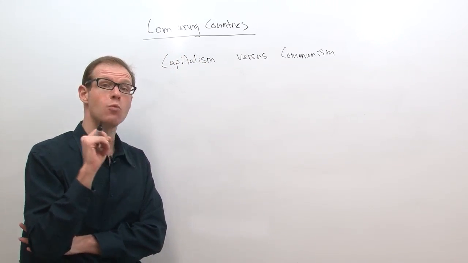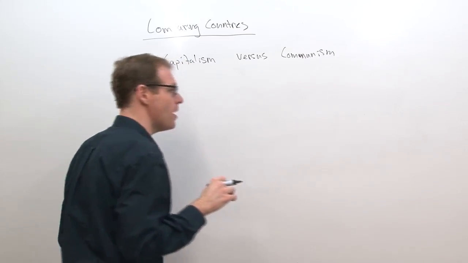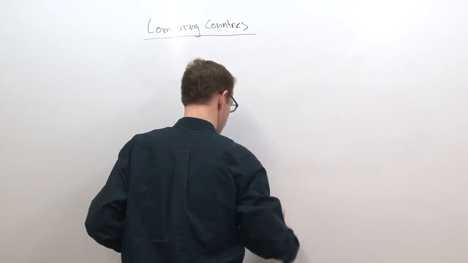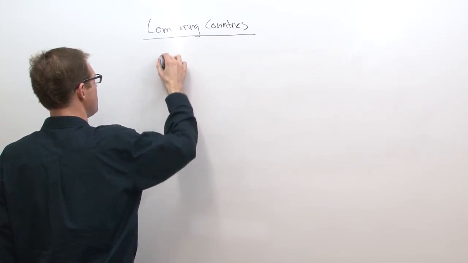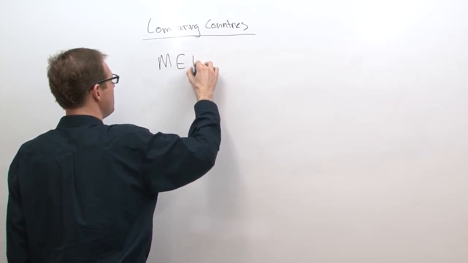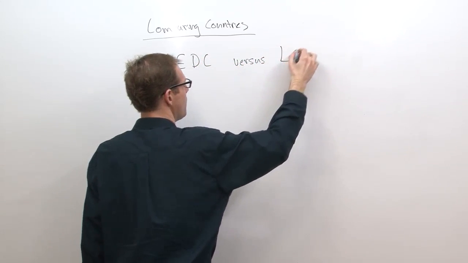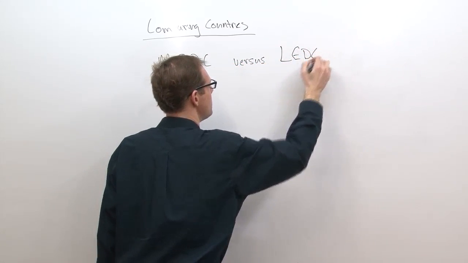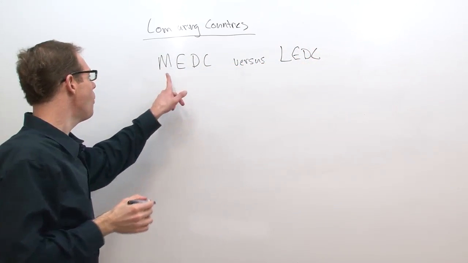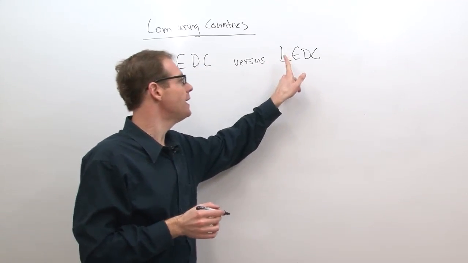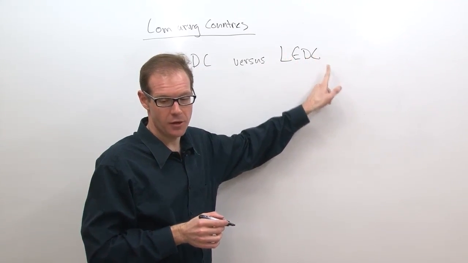Now, the method we're going to use in here, and the method that's really in vogue nowadays, is the fourth method, which is the MEDC versus LEDC, which stands for more economically developed countries and less economically developed countries.